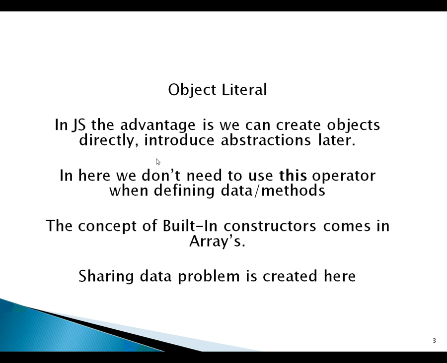Object literal. In this approach, you construct your objects without defining any templates for the same. You directly define the properties and the methods for those objects at the same time that the object is instantiated.